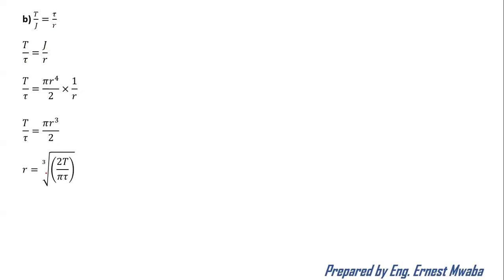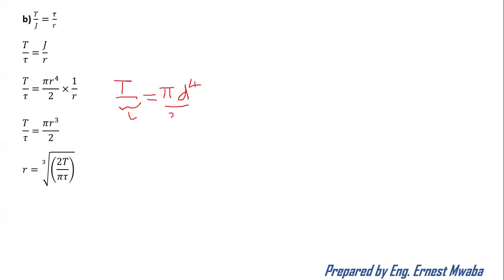Now here, if I want, at this point, I can have something like this. I can have T over shear stress is equal to, then I go ahead and plant pi, this is my pi d4 over 32.